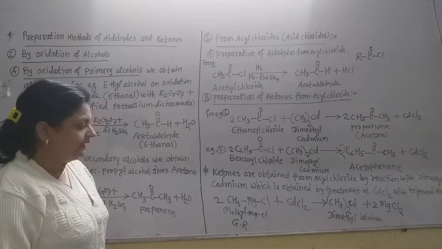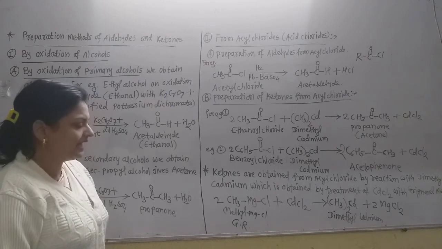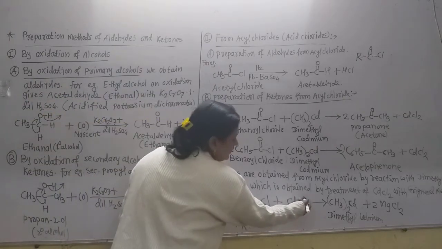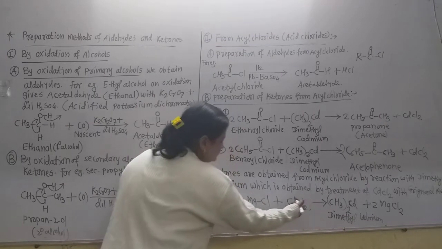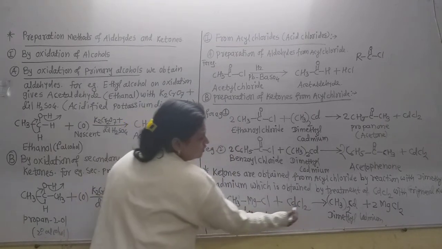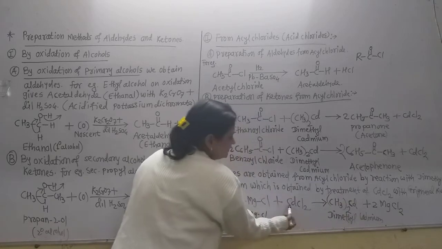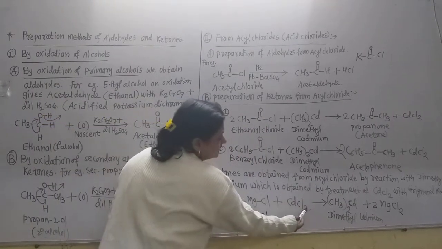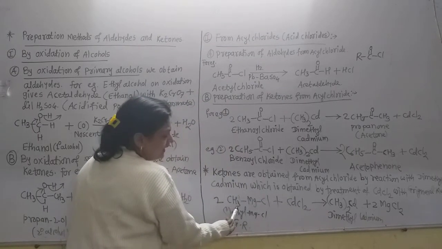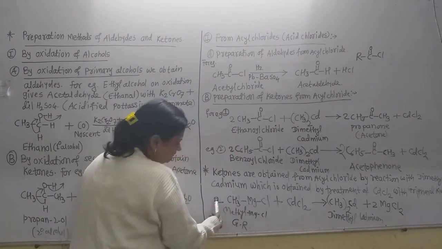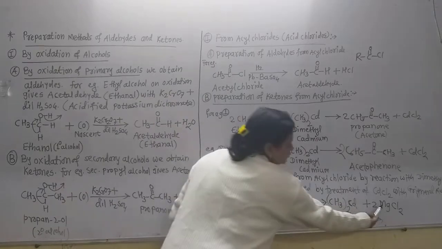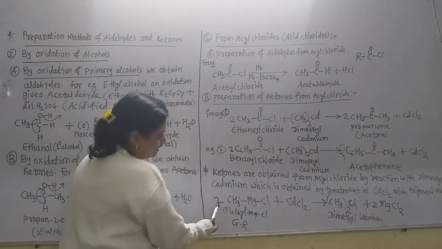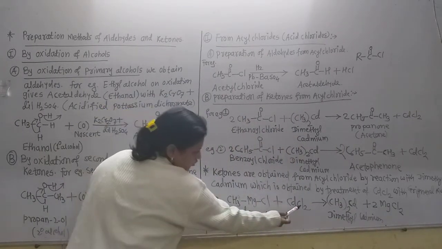Now we obtain dimethyl cadmium. Only these two chlorine atoms are replaced by the two methyl groups. So this is (CH3)2Cd, from CdCl2. Here these two chlorine atoms are replaced by the two alkyl groups, and then we get two molecules of magnesium chloride. Here chlorines are 2 plus 2, that is 4.